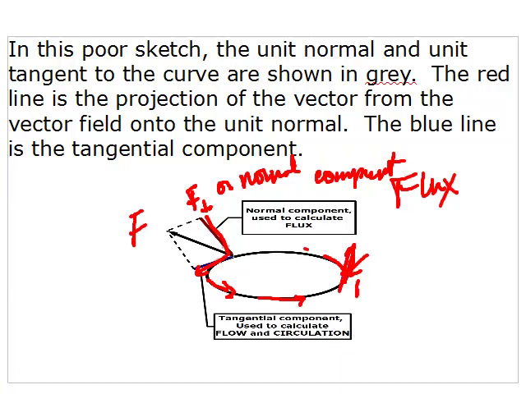We'll integrate this parallel or tangential component. Then we get circulation if it's closed, or flow if it's a fluid, or it could be work if F is a force field.